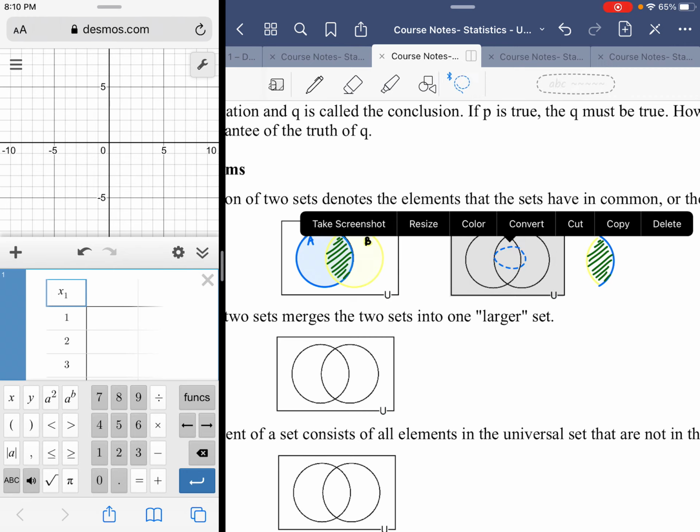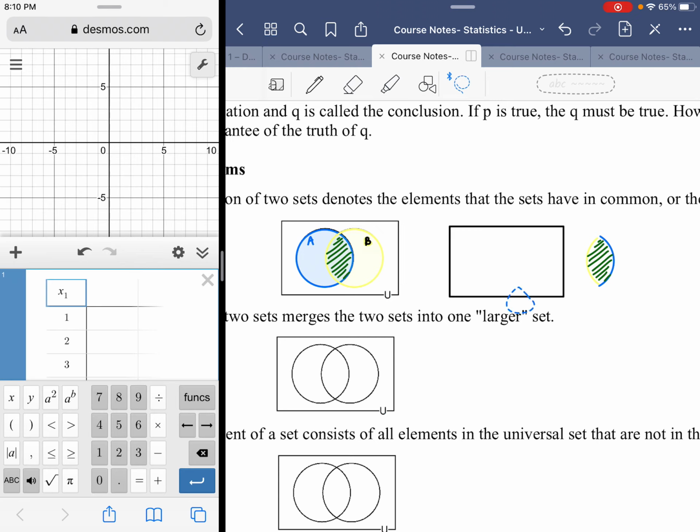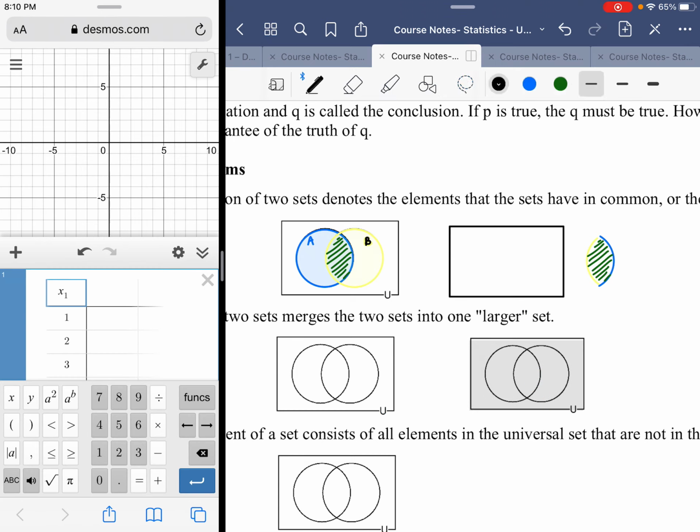But fortunately, I only have to do this one time and it'll all be fine. And then just draw a couple of circles in there. Yep.